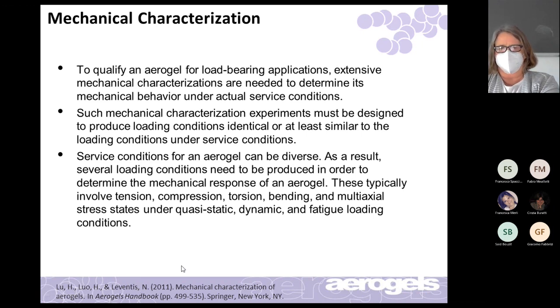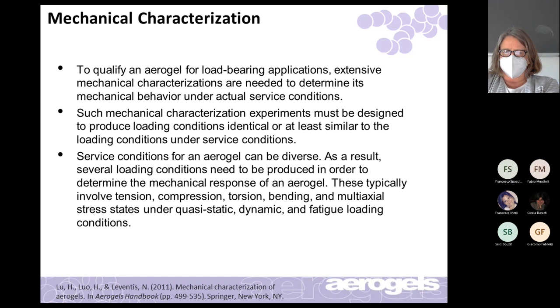So you might want to design experiments that are going to produce the same loading conditions that they would be in service. So if you're using aerogels to do something, you're going to want to understand if they can take the forces on them. And so again, what they're recommending is probably multiple types of tests.